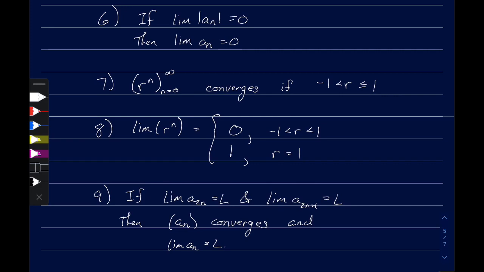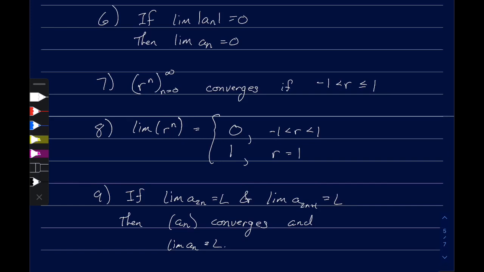Next is a property about exponentials. So if I have a number to the nth power, and that's my sequence, then that converges if the thing that we're raising to the power is between 0 and 1. And if it's 1, it also converges.